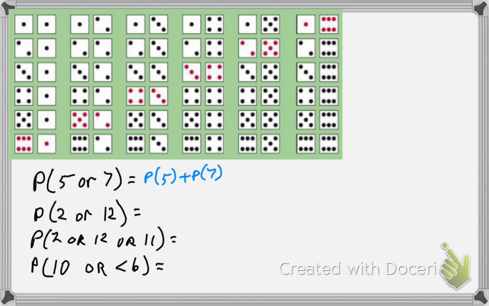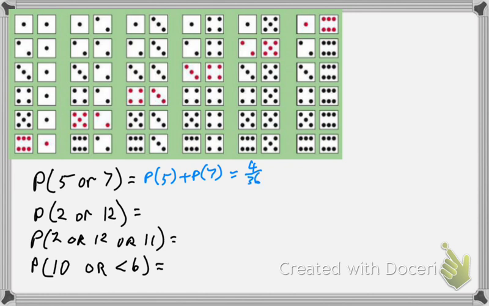Well, how about 5? It helps to have this little guy. Starting with the first column, 1, 2, 3, there's 4 ways of getting a 5, out of how many? How many in all? What's our sample space? 36, thank you.